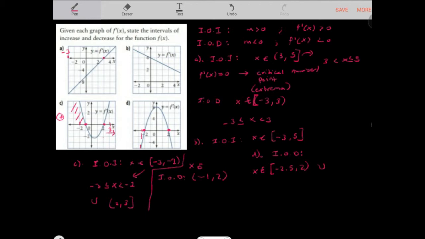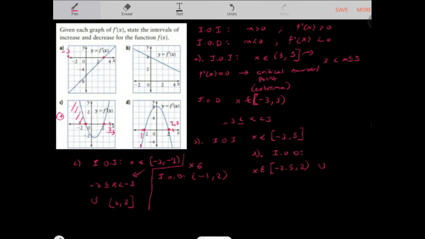Union, another interval of decrease would be from 2 and 2.5, which is here. Union 2 and 2.5. We want to switch the signs up. It should be greater than 2, less than or equal to 2.5.